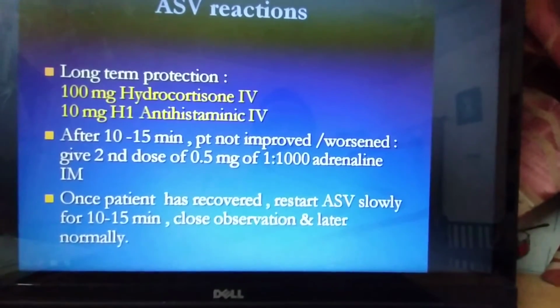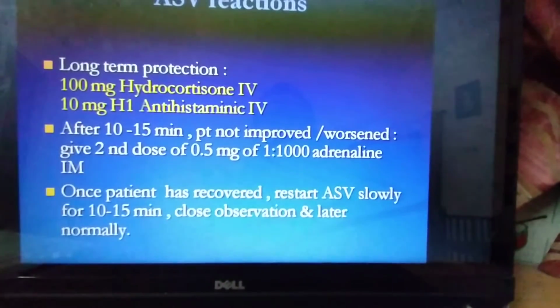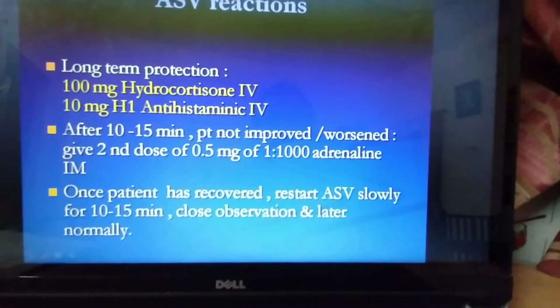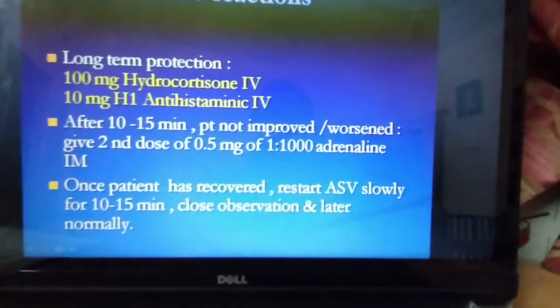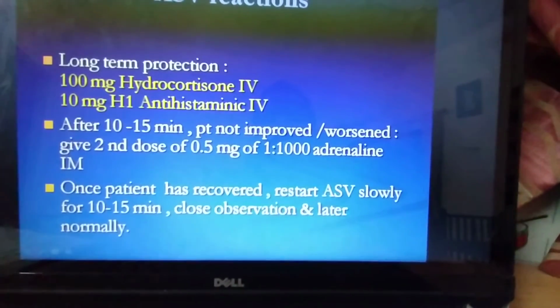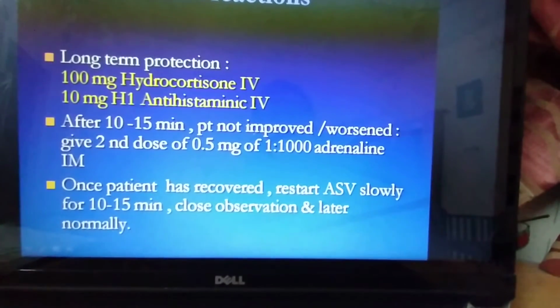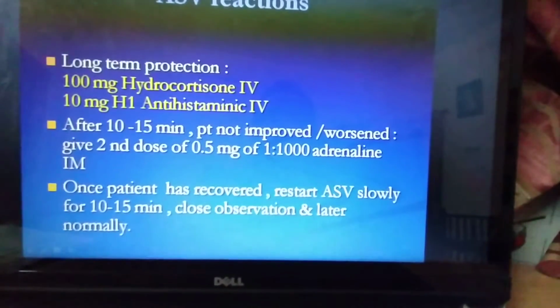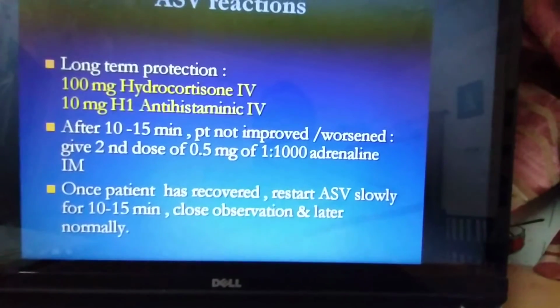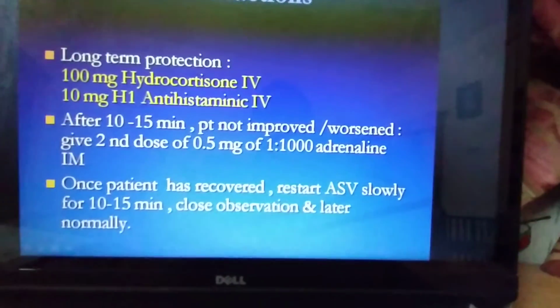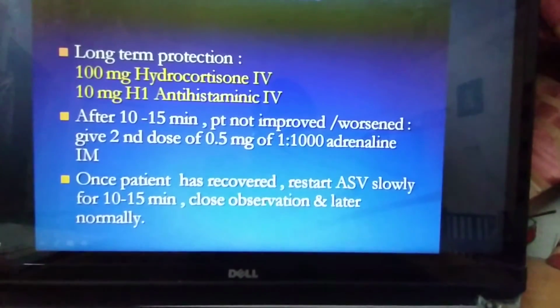For long-term protection, you can give 100 mg of hydrocortisone intravenously, plus 10 mg of an H1 blocker. Antihistamines can be given intravenously. Both of them can be given intravenously for long-term protection.